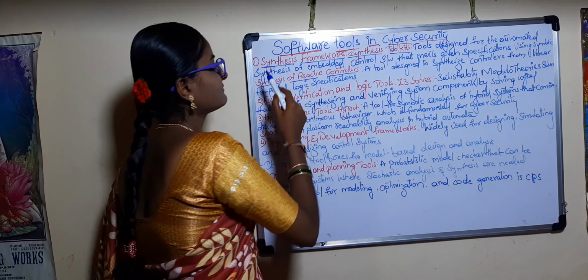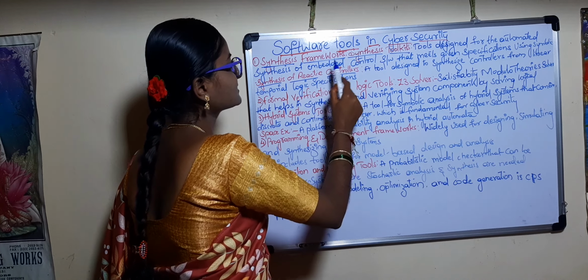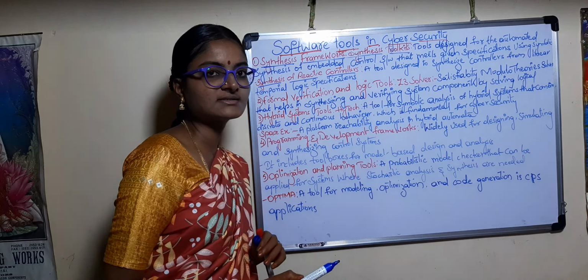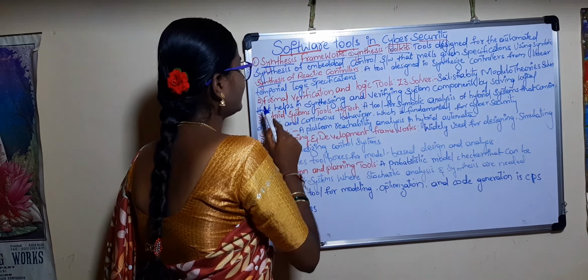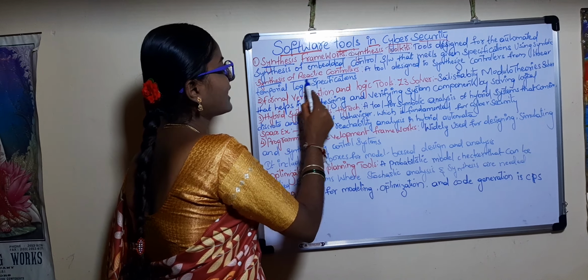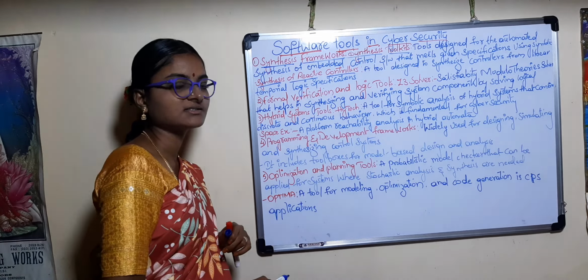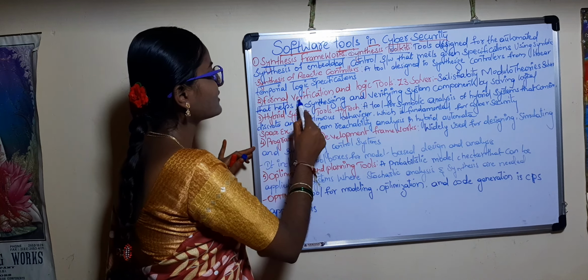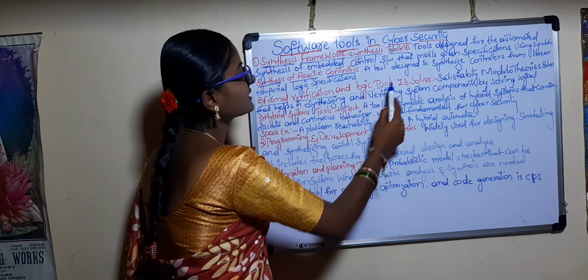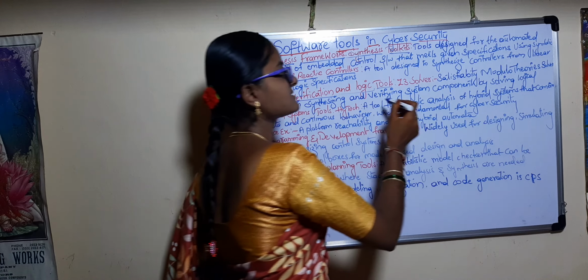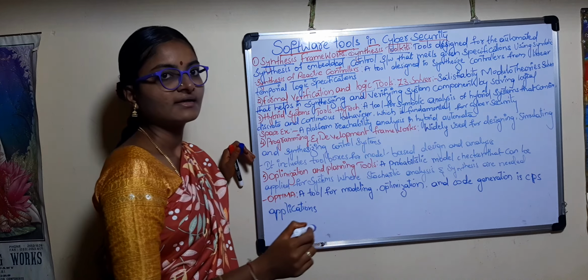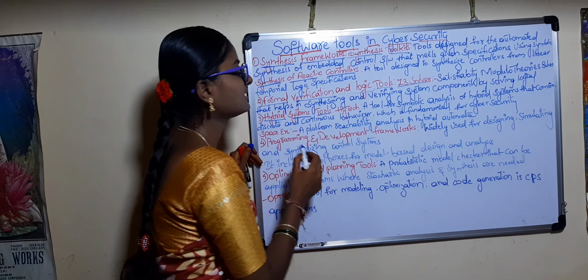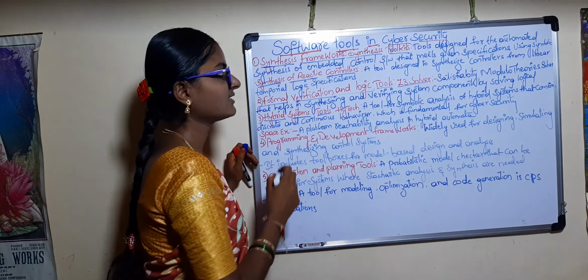Now we will see. First one is synthesis frameworks, and in that, synthesis toolkits. It is the subheading. Next one, synthesis of reactive controllers. Second one is formal verification and logic tools; in that the subheading is the Z3 solver. Next, hybrid systems tools. It is the third method in software tools.